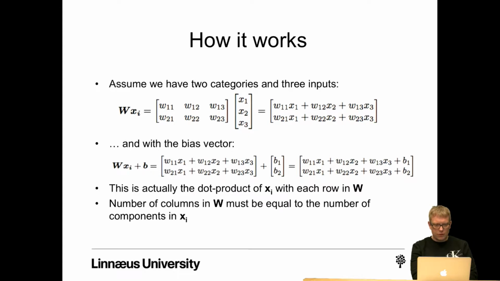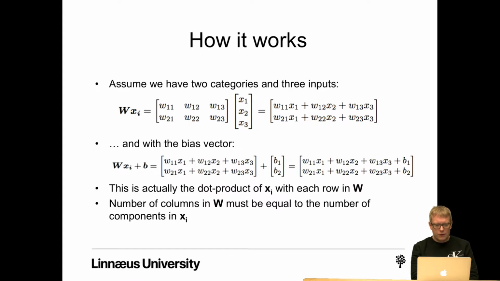Assume we have two categories and three inputs, so our weight matrix needs two rows, two categories, and three columns because we have three input values or attributes, and the input vector has three attributes. When we calculate this multiplication, we get a new vector of size 2 because we have two categories, two rows in the weight matrix.